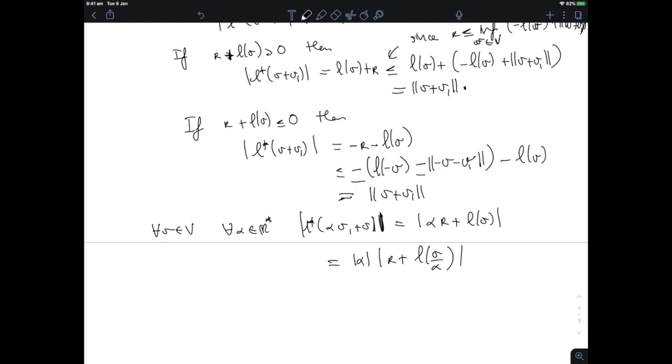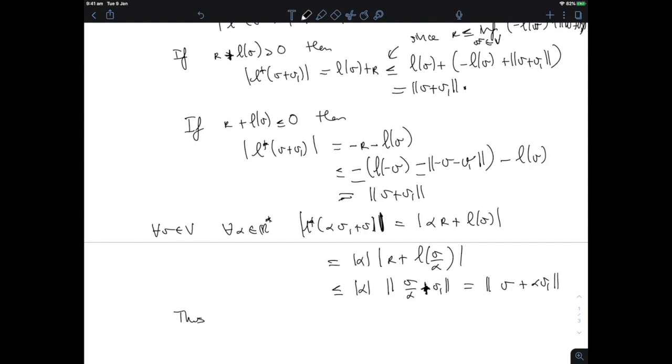And then I can apply the previous step to R plus L(v) over alpha and get that this is smaller than alpha mod alpha times norm of V over alpha plus V1, which is equal to, I really have problems with sign, which is equal to norm of V plus alpha V1. And that concludes the proof of the claim.